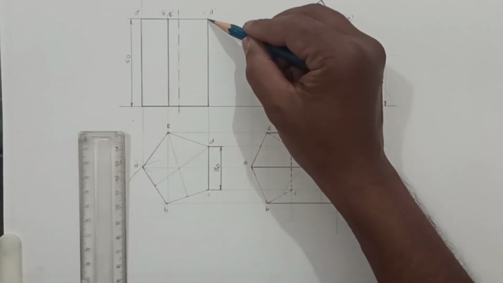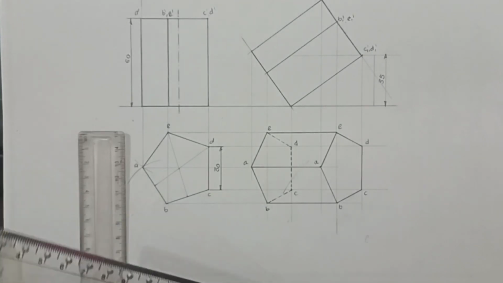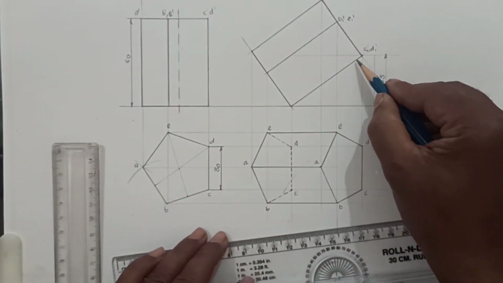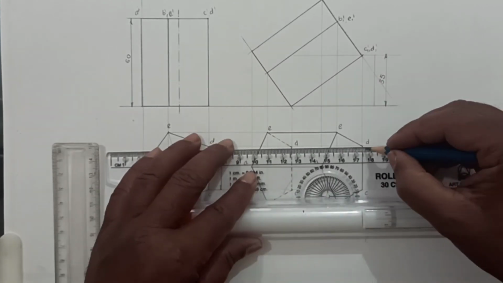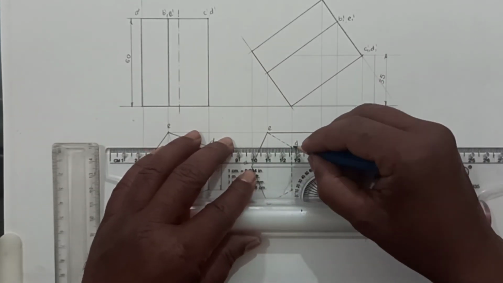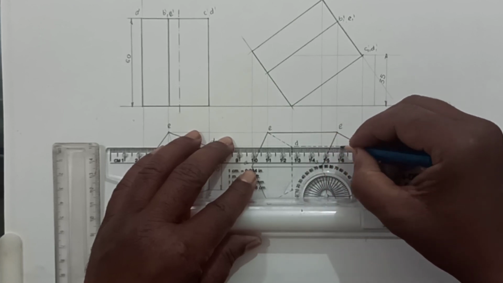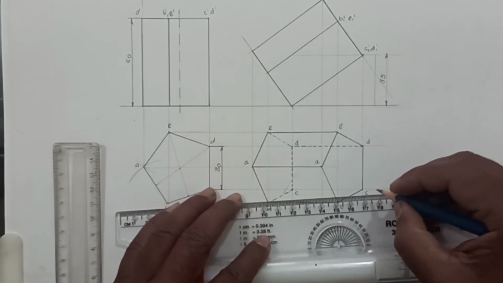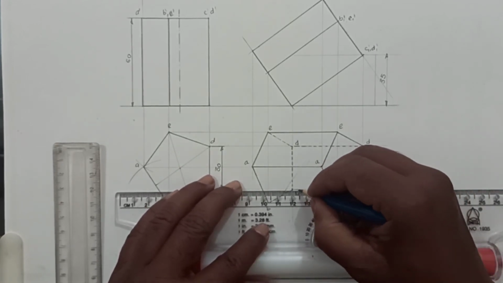Now this vertical edge, that is D and C, is also not visible, means this line is not visible, edge D and edge C. So edge D is here, join it by dotted lines.